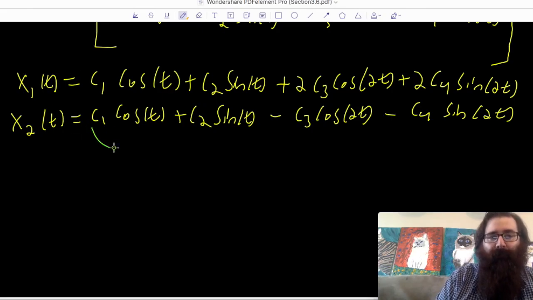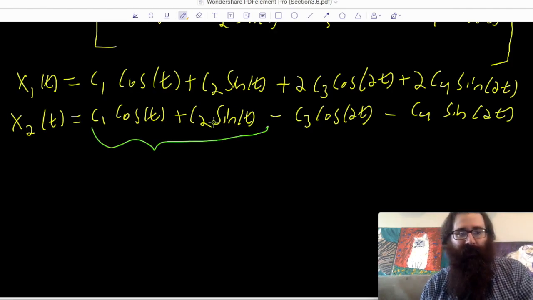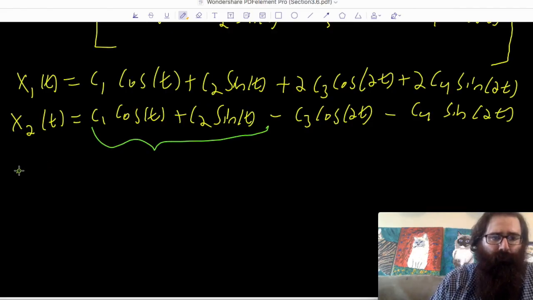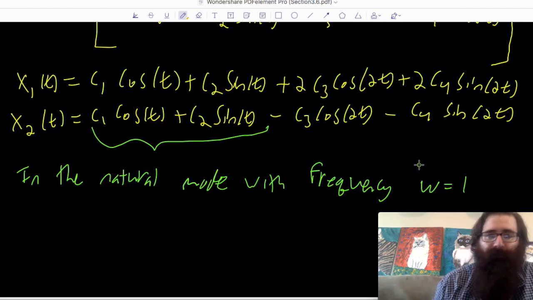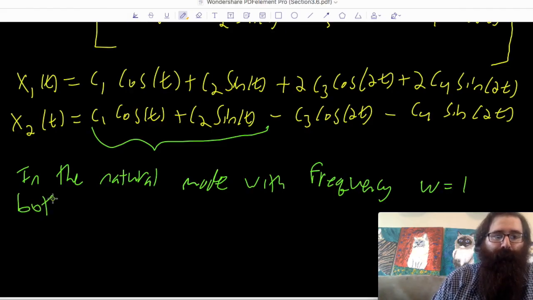I can compare these first two terms together since they're both talking about the same types of sine and cosine. So we'll say in the natural mode with frequency omega equals 1, both masses, what do you think?